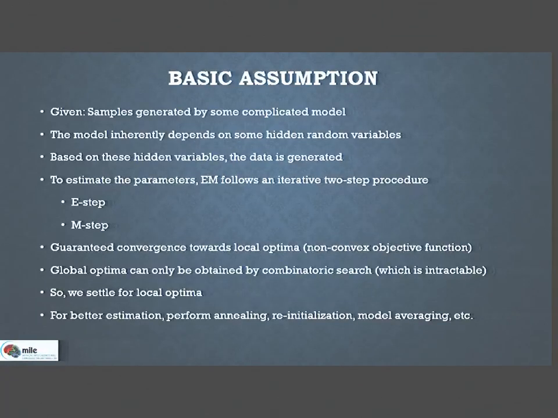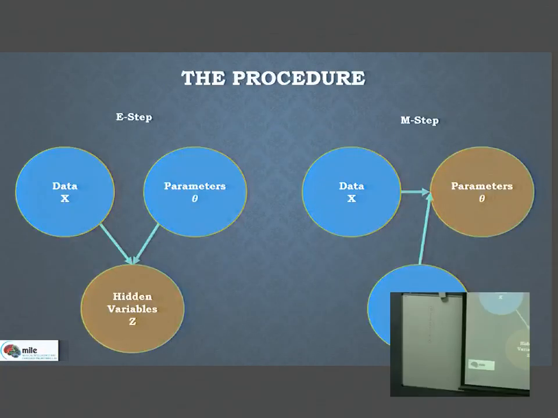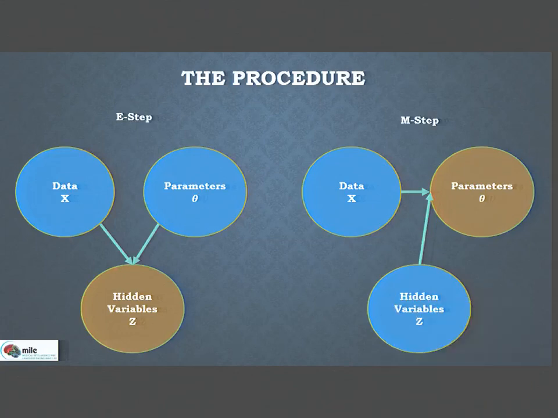So, the task is to find the parameters of the GMM model. So, the EM procedure is nothing but, you have two steps, one is the E step and the other is the M step. In the E step, you calculate the density function of this hidden variable using the data and whatever parameters you have assumed.